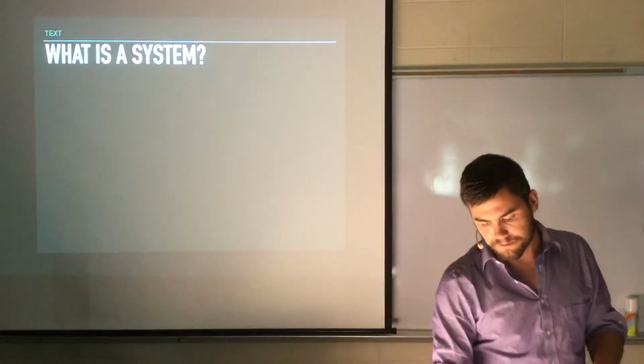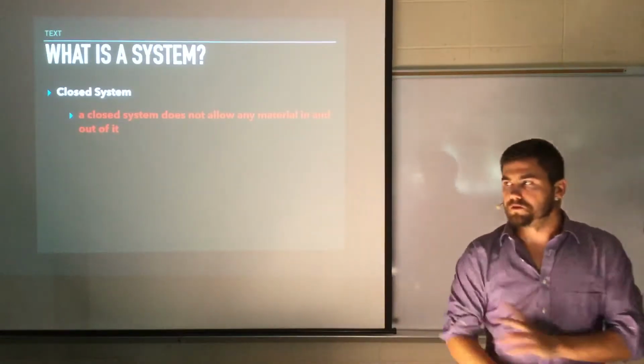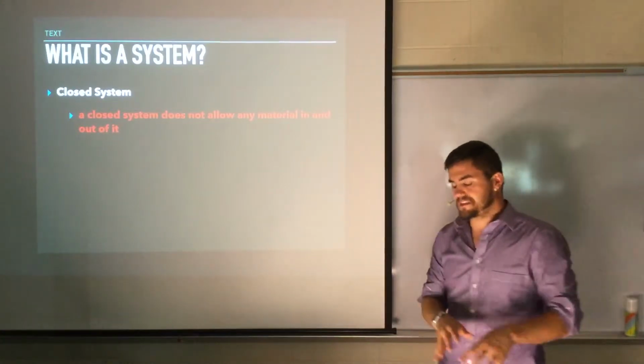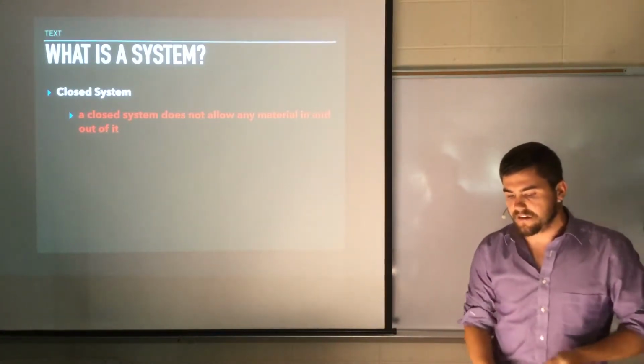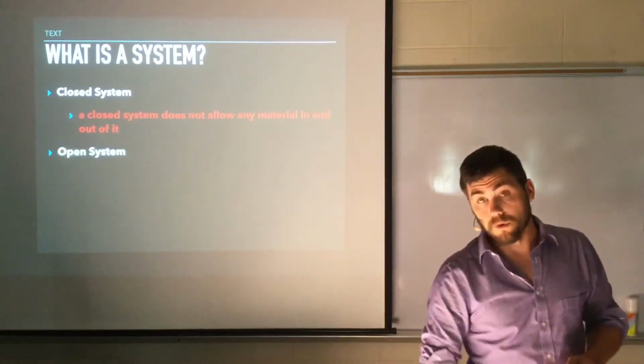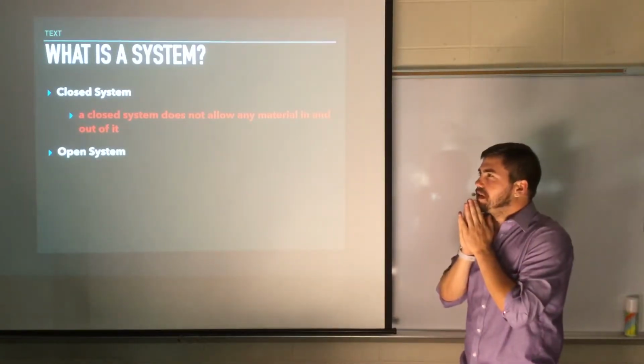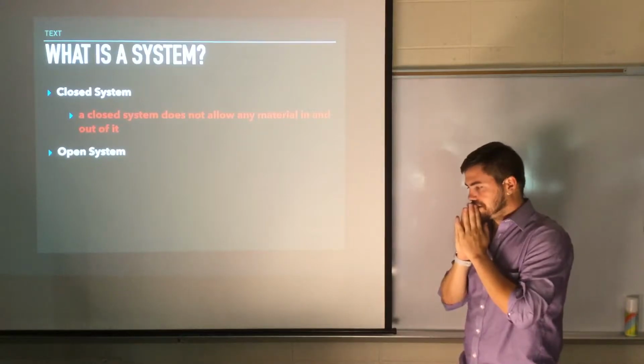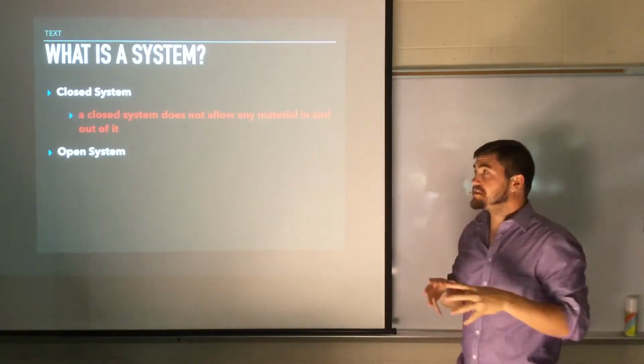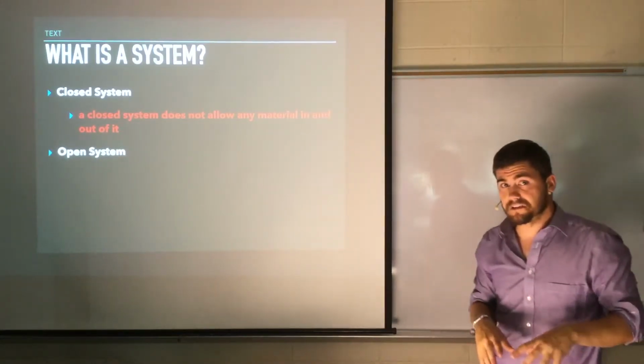And then, boom, there you go. You're moving forward. There are two types of systems. A closed system does not allow any material in or out of it. So a closed system would be like, let's see, Earth's interior is kind of like a closed system.